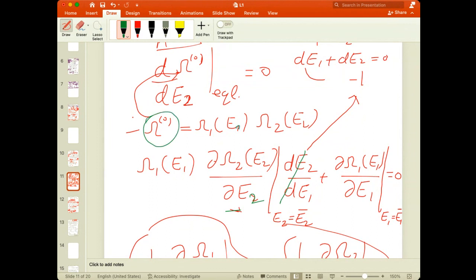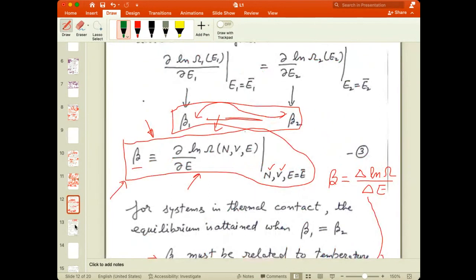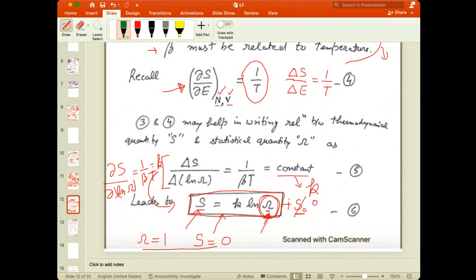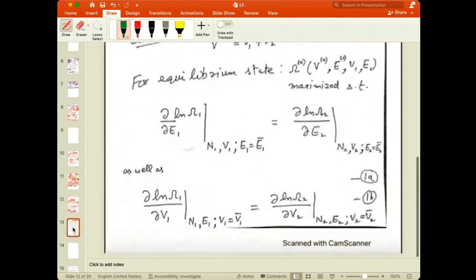Then this will appear as curly E1 by curly E2, and again this term will be -1, and after this everything remains the same. Yes, both approaches should give the same result, since we equate it with 0, there won't be any change. Yes, Tariq, I think I answered your query.